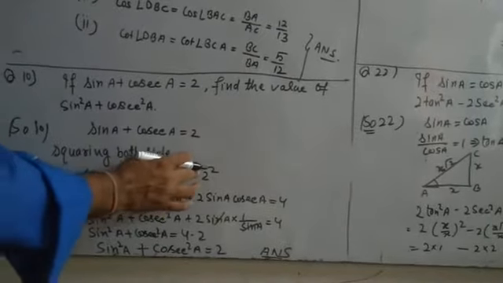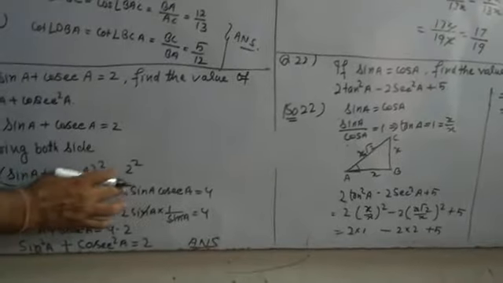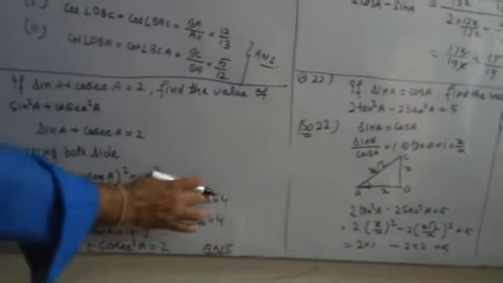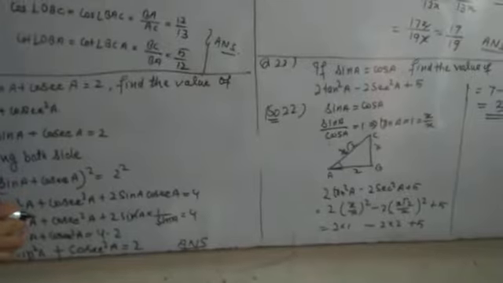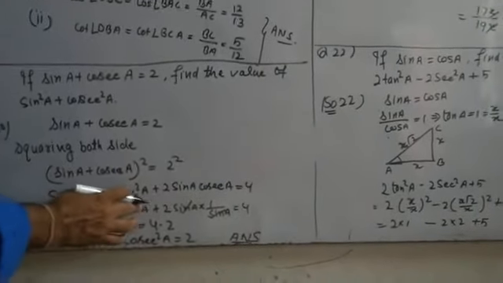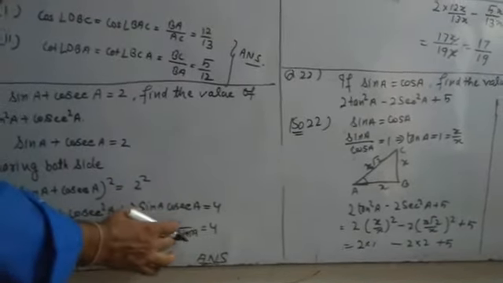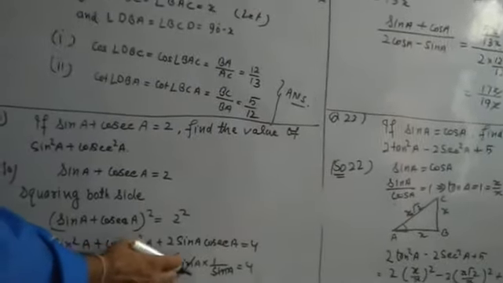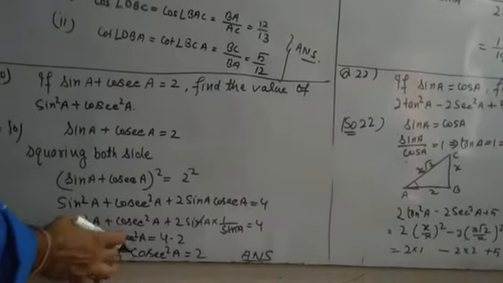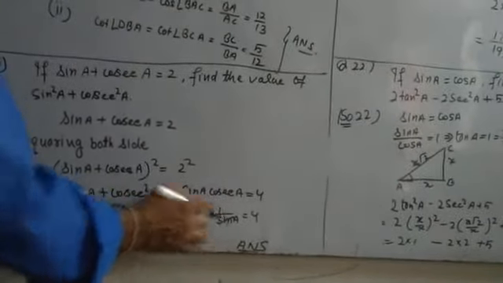Squaring both sides, (sin A plus cosec A) whole square equals 2 square, sin square A plus cosec square A plus 2 sin A cosec A equals 4. In place of cosec A we can write 1 by sin A, cancel, equals 4. Therefore sin square A plus cosec square A equals 4 minus 2, equals 2. This is the answer of question 10.